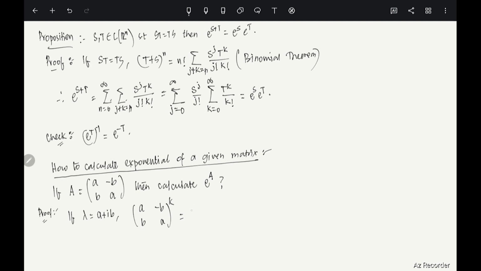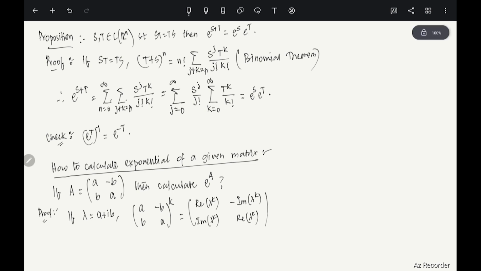This is nothing but real part of lambda power k, real minus imaginary part of lambda power k, imaginary part of lambda power k and real part of lambda power k. Clear? If lambda is a plus ib, you can of course calculate what is lambda power k, and you take the real part, imaginary part, that is given by this. So we're just writing it down. That's the only thing.